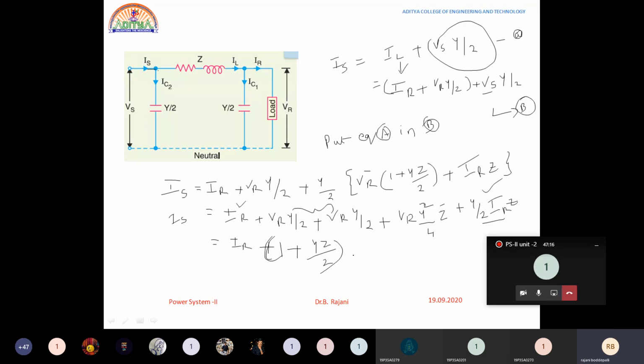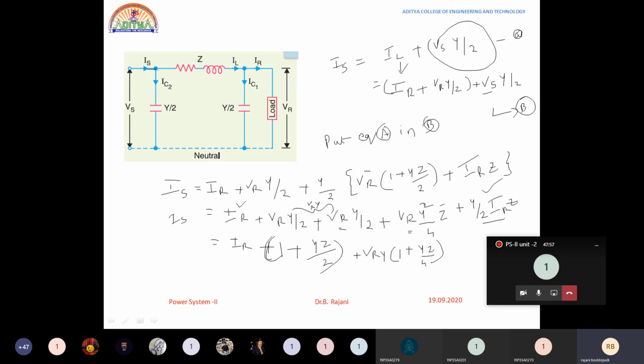What else are we having? VR into Y by 2 plus VR into Y by 2 becomes VRY. So I will take VR into Y common from these terms, so that I will be getting 1 plus YZ by 4.